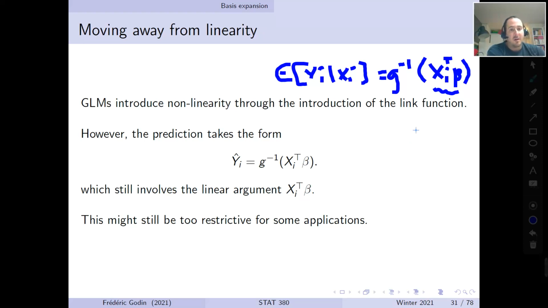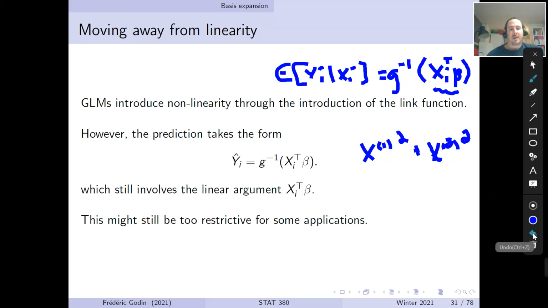So, for example, if you have something like x1 squared plus x2 squared, for predictors x1 and x2, then this type of relationship cannot be captured exactly. For this reason, GLMs can be too restrictive for some phenomena in practice.